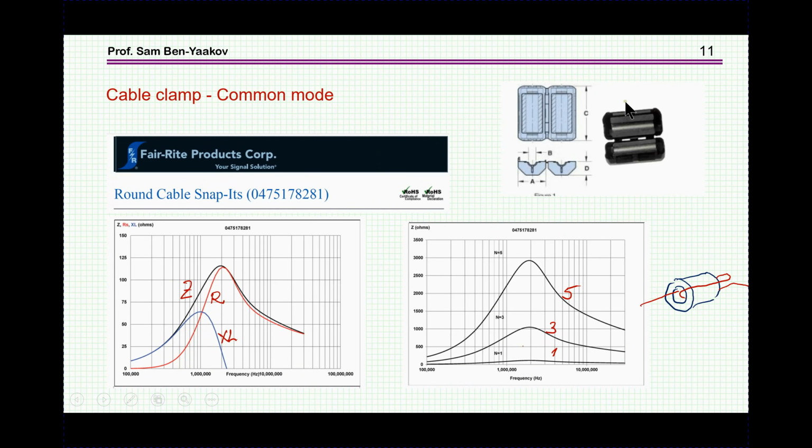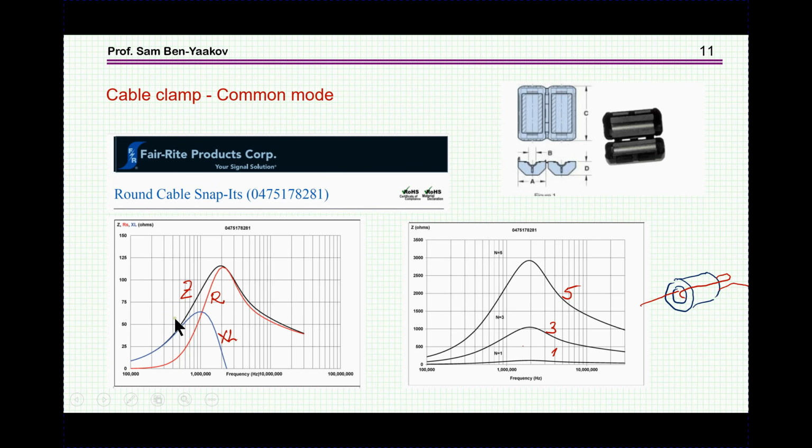Another product is the clamp-on, which, from the physical point of view, from the ferromagnetic point of view, is the same thing, except that the structure is different, and you just clamp it on the cable. And here again, we see this is for this particular material for a Ferrite company.